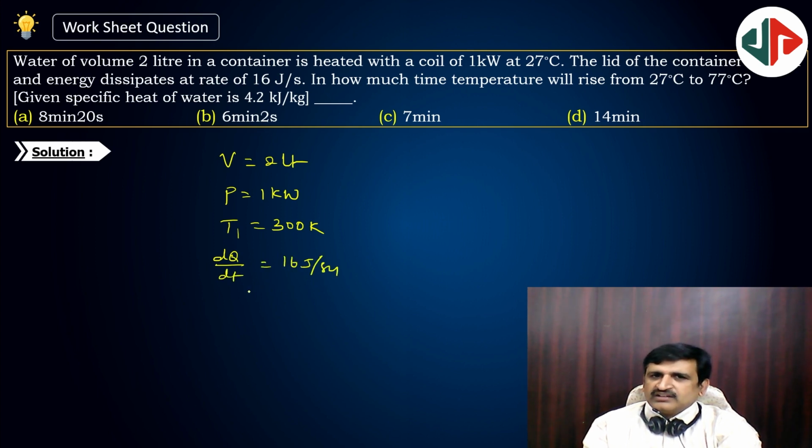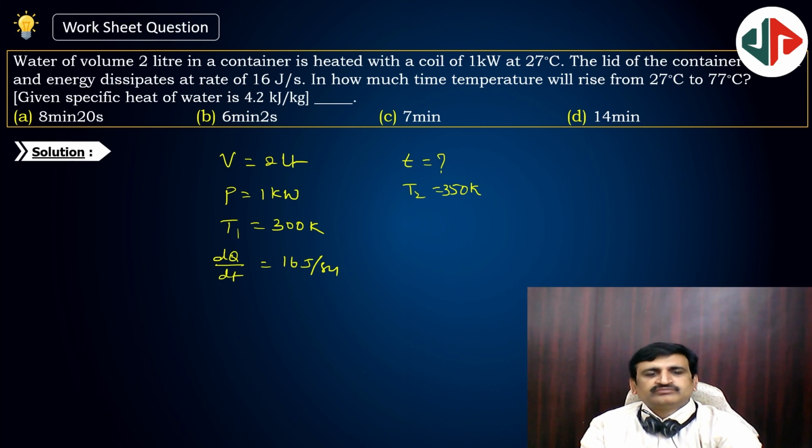How much time for the temperature to rise from 27 to 77, roughly 50 change, so T2 = 350 Kelvin? The specific heat of water is 4.2 kilojoules, which everybody knows.